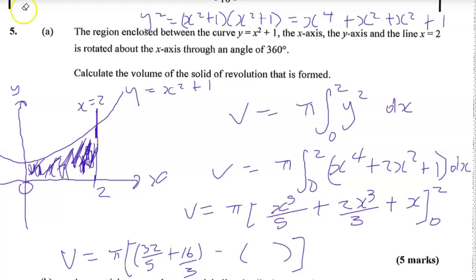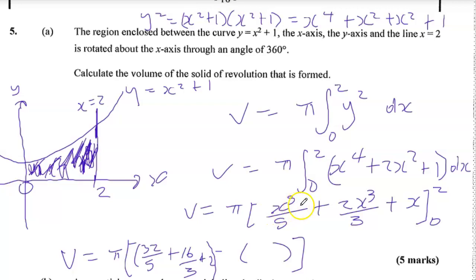And then we replace x there now with 2, so plus 2. In the other bracket, replace x with the bottom limit, which is 0.